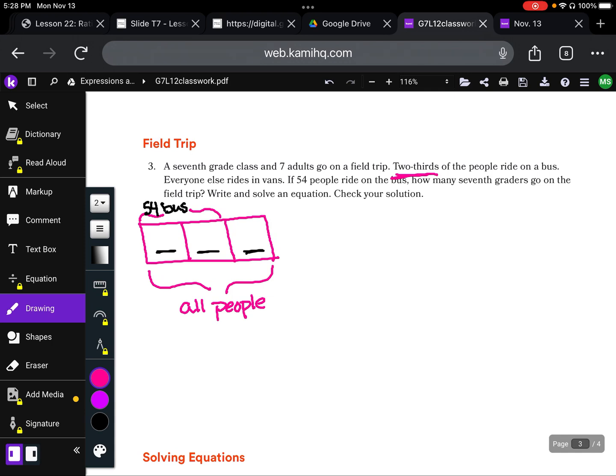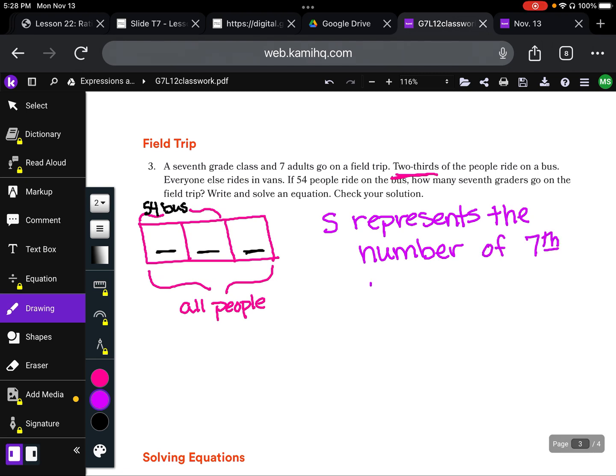So we know that these people are on a field trip. We don't know how many 7th graders there are. So we could say let S represent the number of 7th graders. Okay.